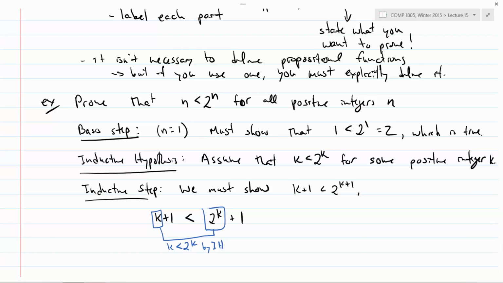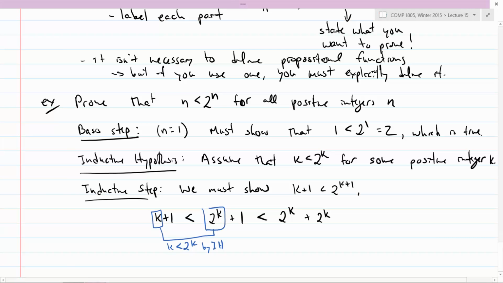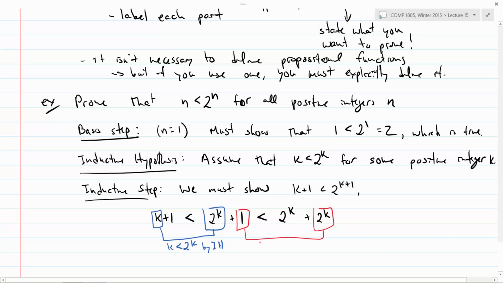All right, what's one thing definitely bigger than 2 to the k plus 1? 2 to the k plus k is bigger, but I'm going to go even bigger than that. I'm going to say 2 to the k plus 2 to the k. And I know that because 1 is less than 2 to the k.